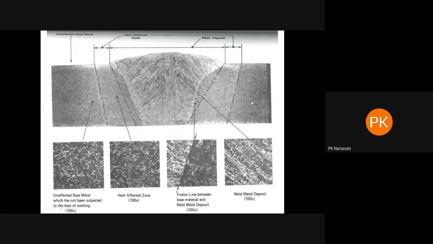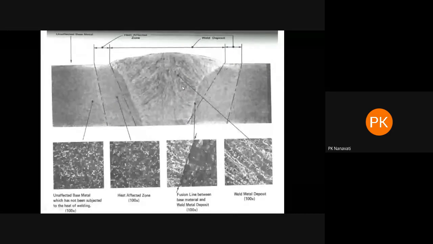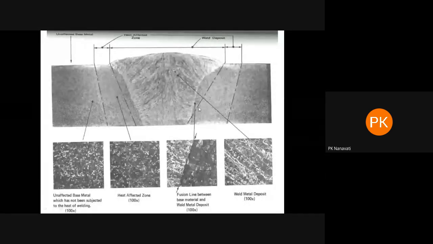So you can now understand that the deposited weld metal will have a different microstructure as you move from the weld center line to the base metal. These different microstructures are a result of composition, cooling rate, and heat input, so a variety of microstructures is developed.